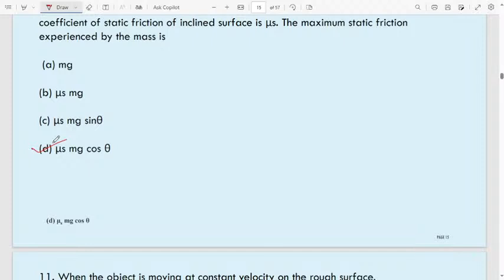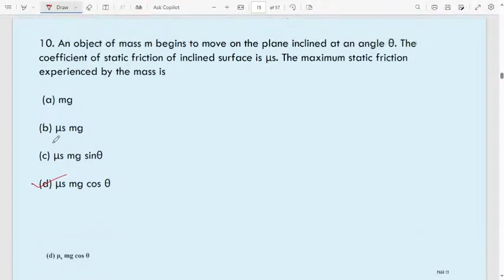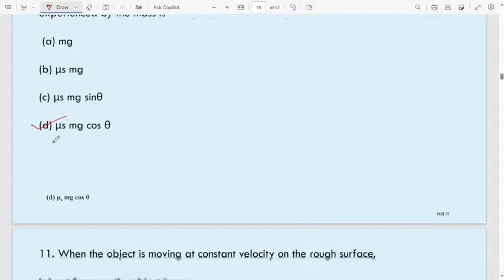It is a direct formula. If you remember the formula, you can easily answer this question. In friction also, I will upload the video. In friction you have 3 types: static friction, rolling friction, and kinetic friction. That I will explain in detail when I take the lesson on friction.